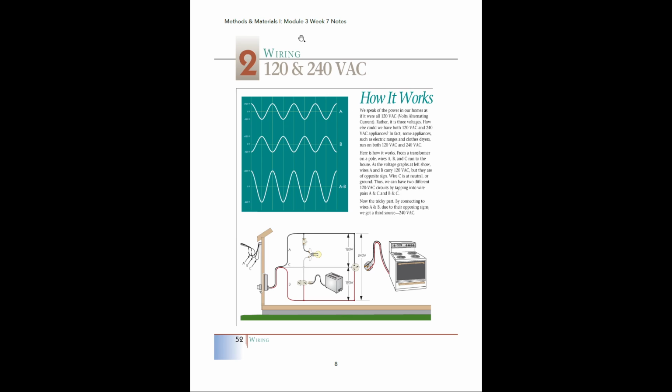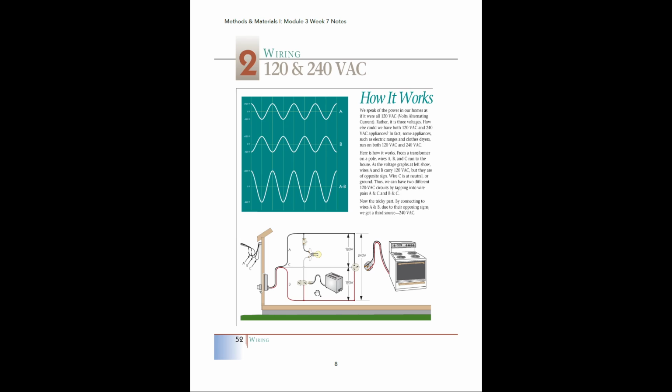All right, so here on this slide, we have 120 and 240 VAC. The purpose of this slide is basically to illustrate that our electrical systems in buildings have two standard levels of voltage that things inside the building run on. For example, a light fixture or an outlet is going to be running on 120 volts of electricity.